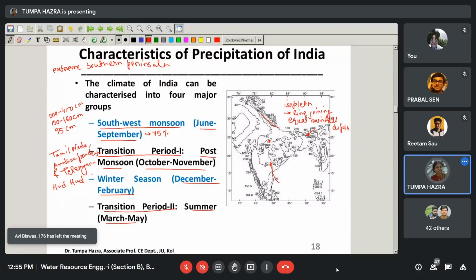Then third one is winter season, December to February.